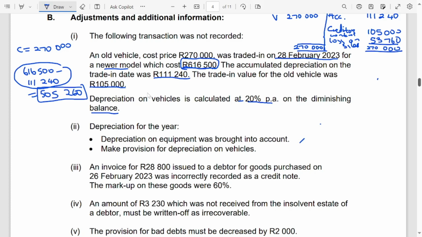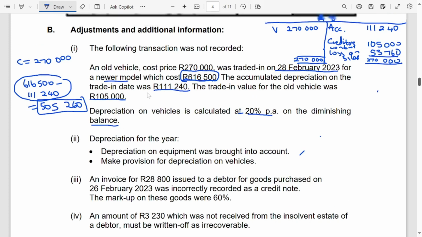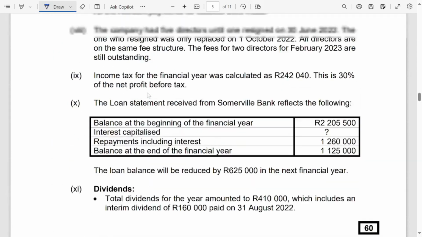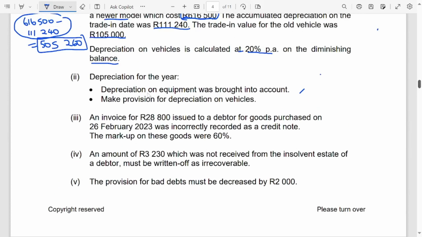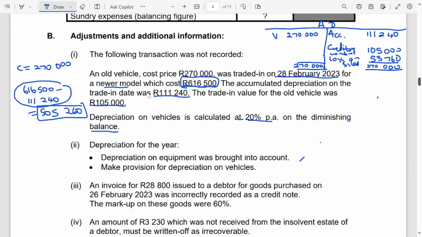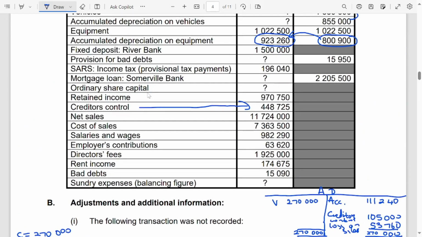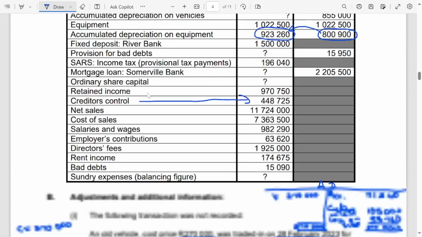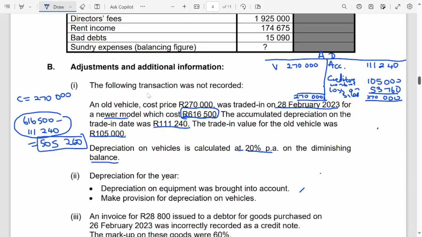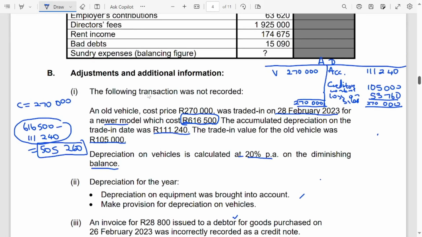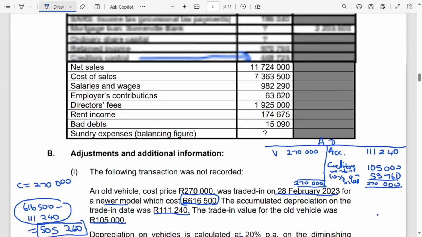Now remember, the section that we are doing in the balance sheet is a section for the equity and liabilities only. So we can't record this under the debtors control because they're not there, and even the trading stock. But remember, the trading stock can affect the income statement.